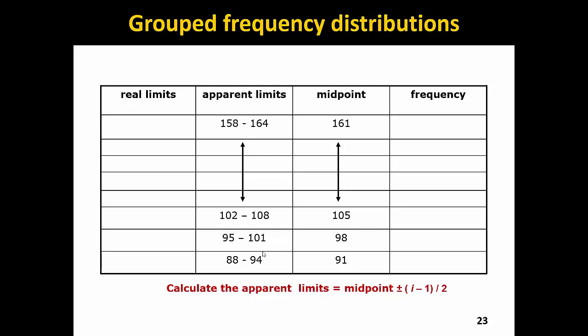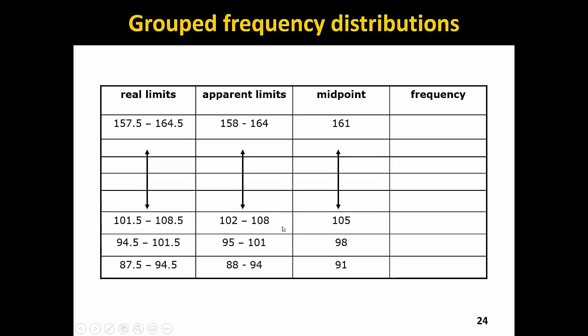So 91 plus 3 gives us a high of 94. We repeat that and subtract 3 from 91 to give us the lower limit, which is 88. Then we repeat the process for the next midpoint, and we end up with a range of 95 to 101, then 102 to 108.